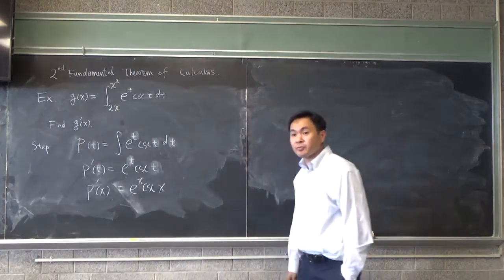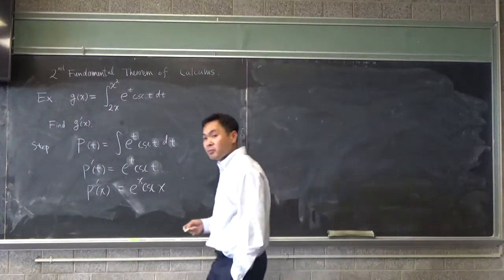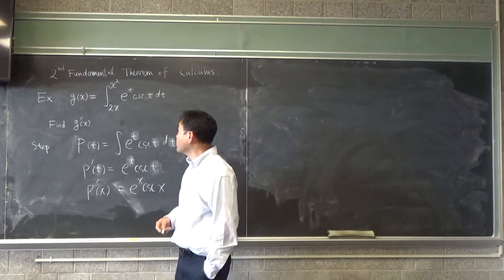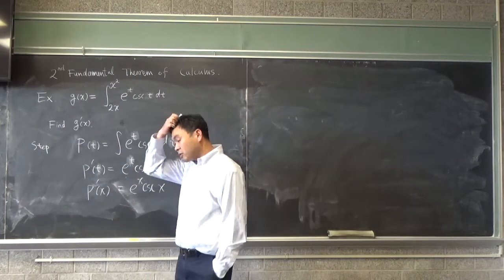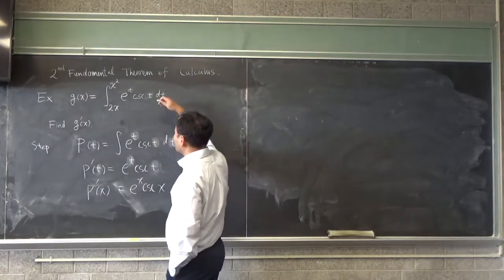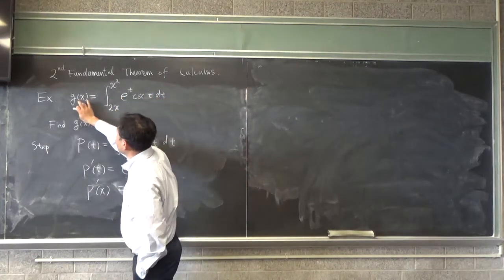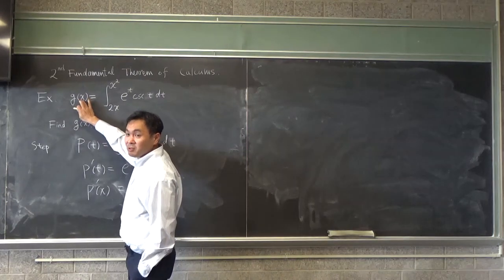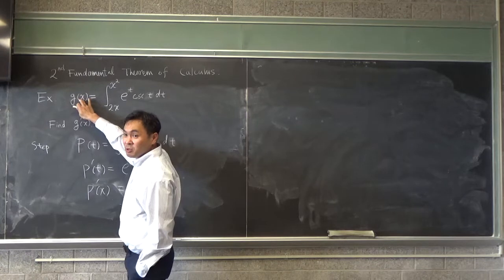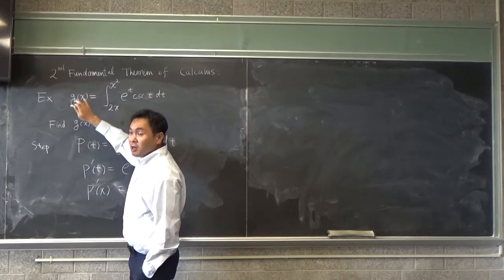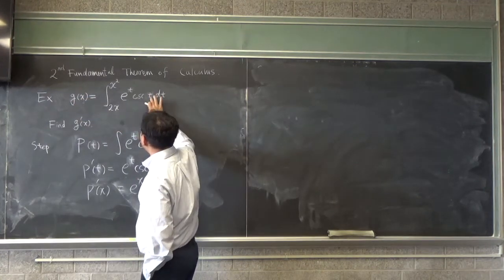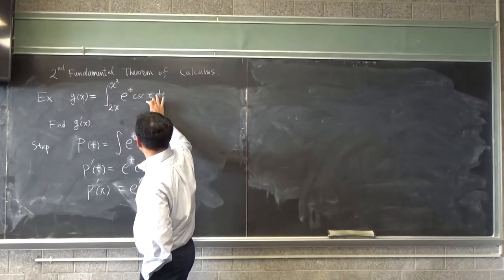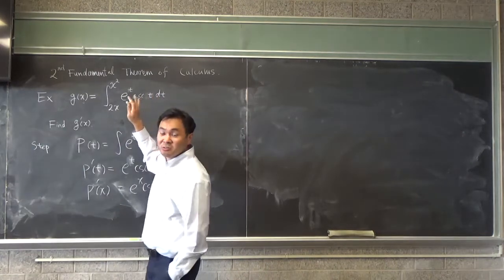Sorry to keep asking questions, but in the original example, g of x, why does it switch to t after the integral? Oh, that's actually a good question. So g of x means x is the variable that changes. You can plug in 1 into x, 2 into x, 3 into x, whatever. The problem is if you put this as x and you plug in 2 here, then 2 would go here and even there, and it totally doesn't make any sense.